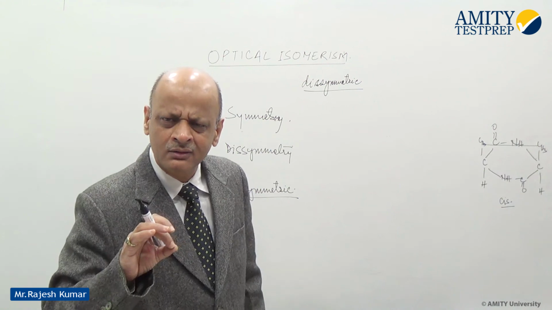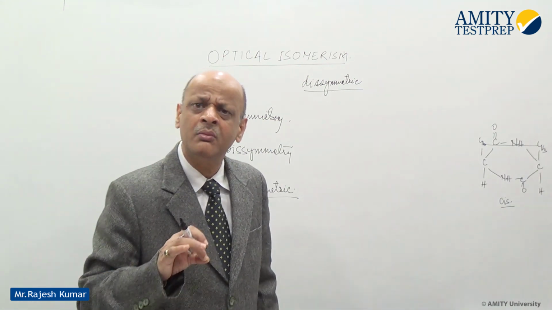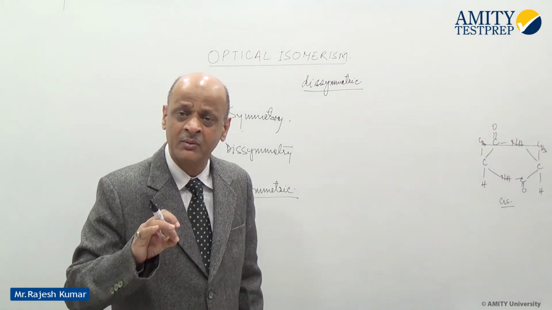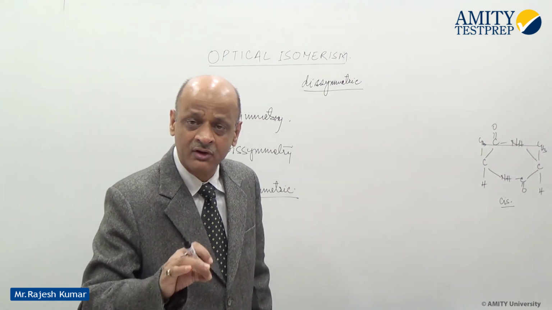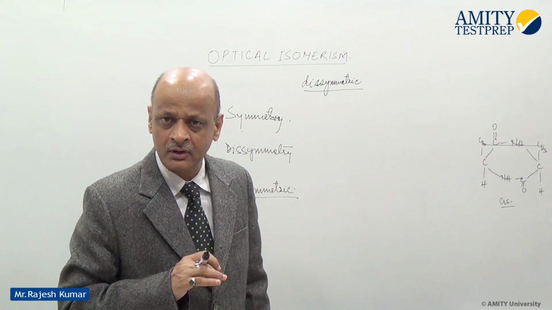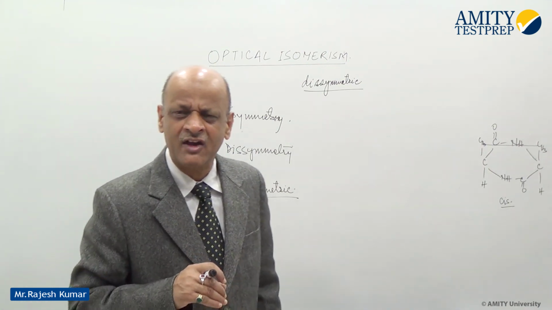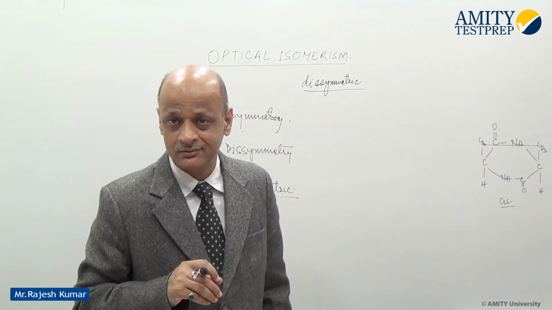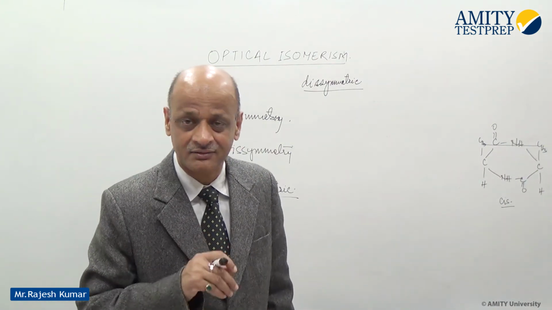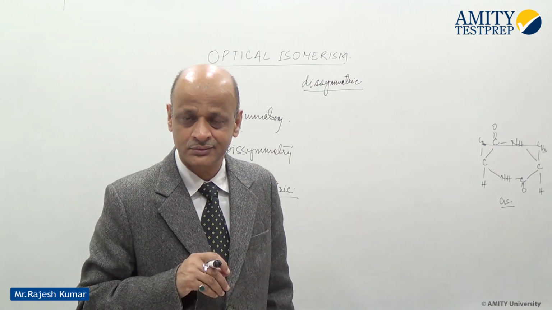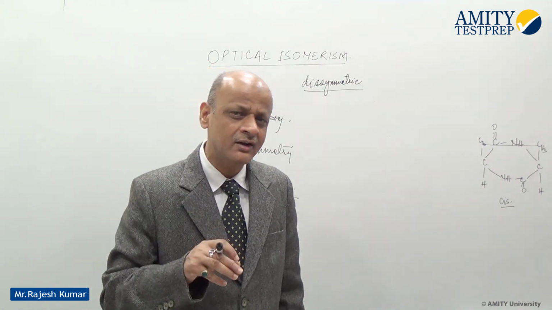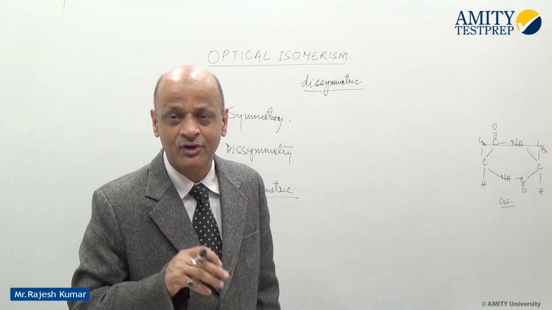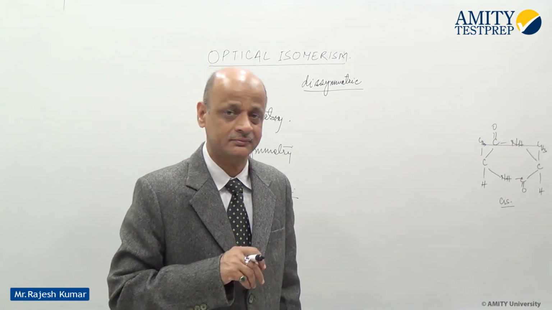So it is not important whether the molecule has an asymmetric carbon atom or not; whether the molecule is dissymmetric or not is what matters. Many molecules are available where no asymmetric carbon is present, however the molecule is optically active. So deciding optical activity by the presence of an asymmetric carbon atom is wrong.